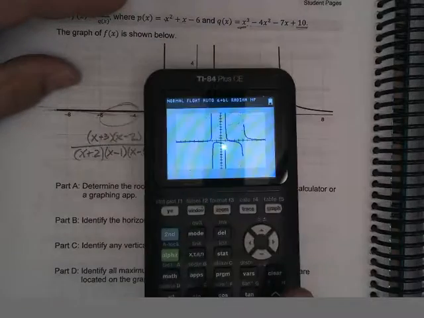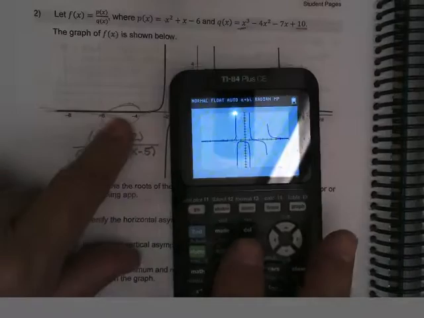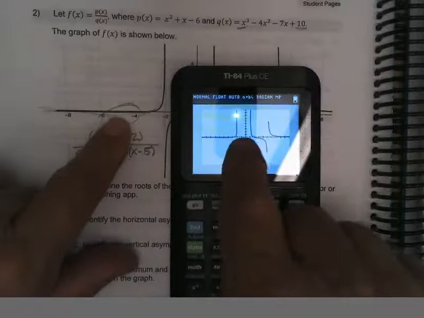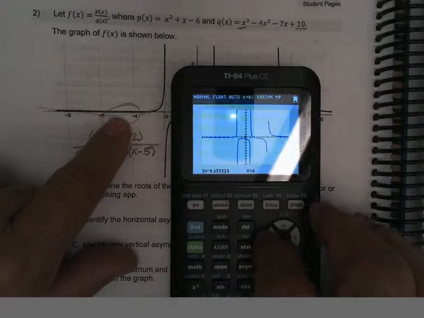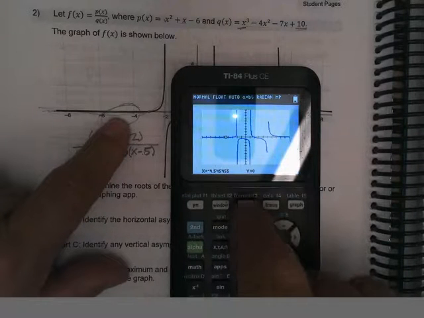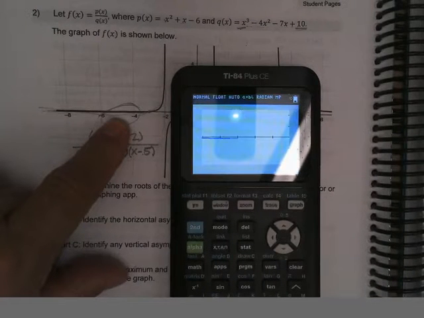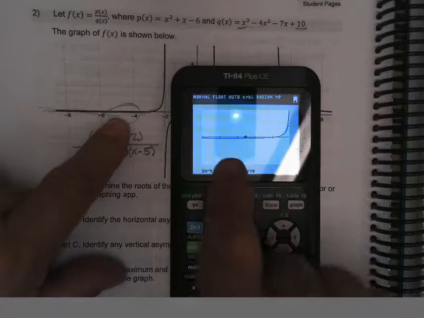And that looks like what it was, but that doesn't help us see this part. So I'm going to move over there and zoom in on this area where I think there's a minimum. Zoom to enter. There it's going down, and now it's coming back up.